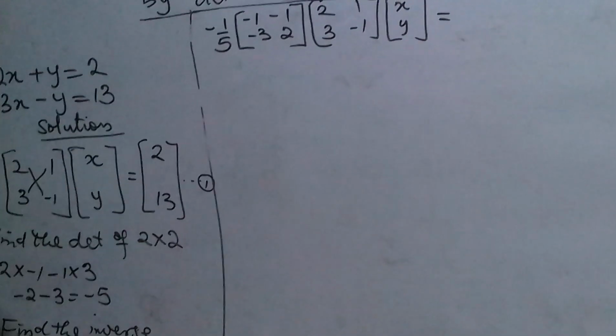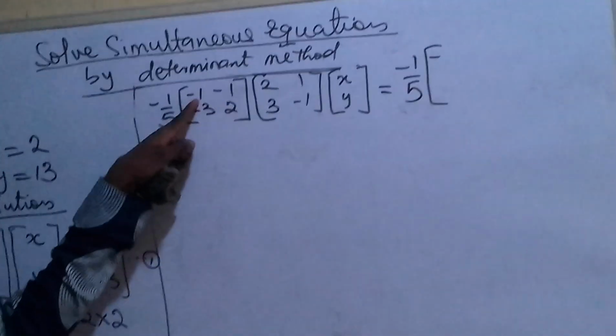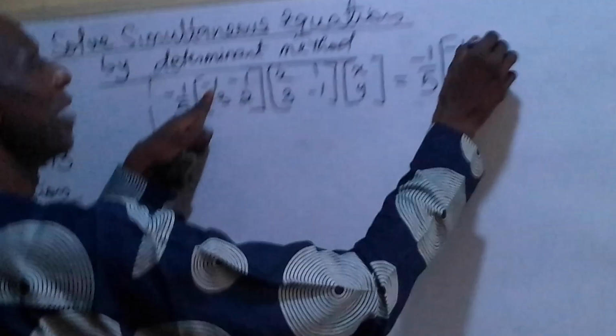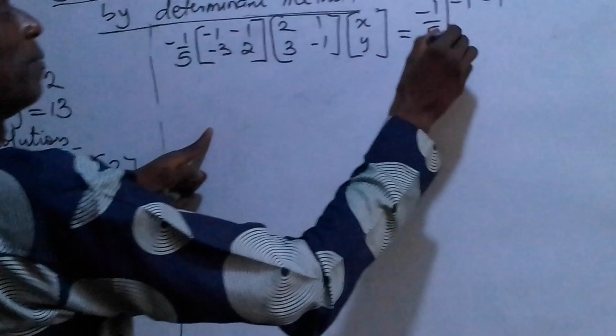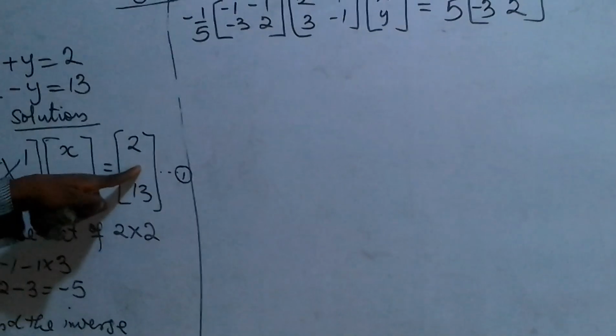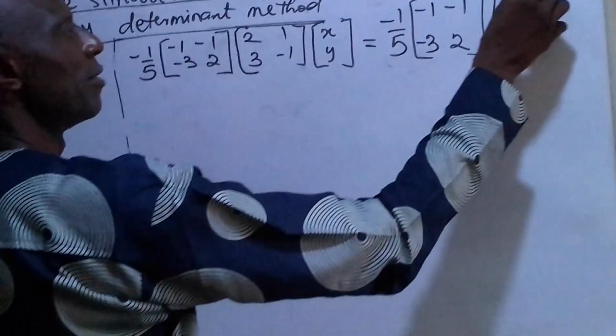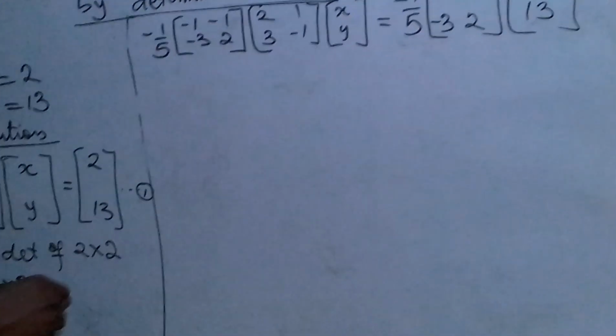Now, is equal to, you use the inverse to multiply both sides. So I want to use it to multiply this answer now, which is 2 and 13. I will show you the solving.